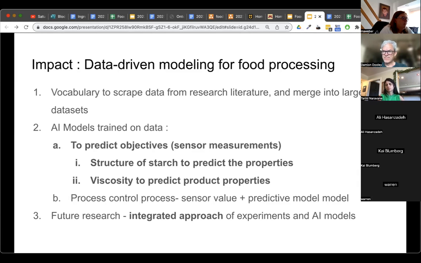Yeah, Magali. Hi, thank you both for the presentation. It was really interesting, and I've already learned much and read your paper. But I was wondering, if you want to predict the property or control the process, you have to have a sensor value, but I don't see this measurement on the diagram you have shown for gelatinization.